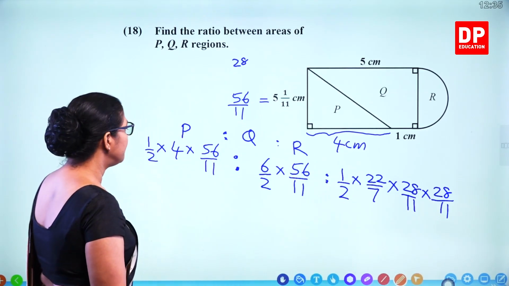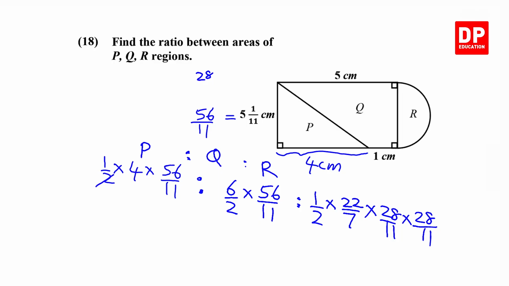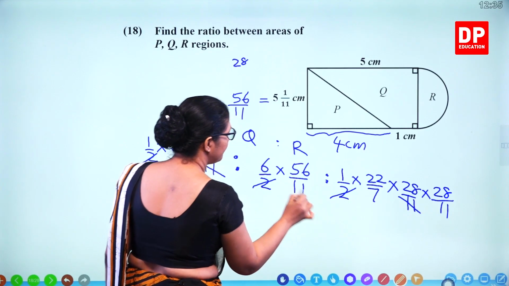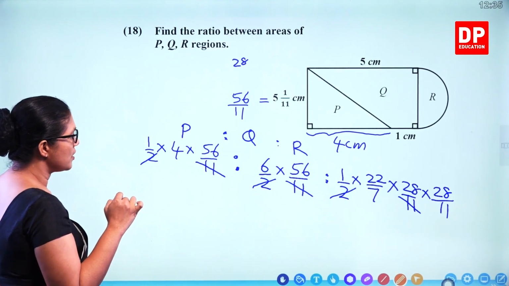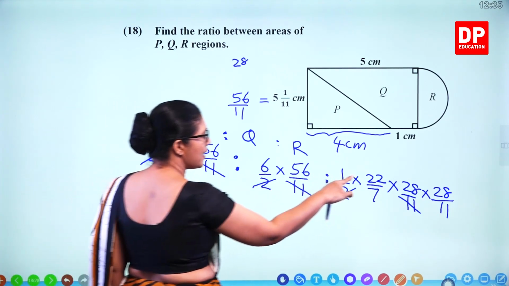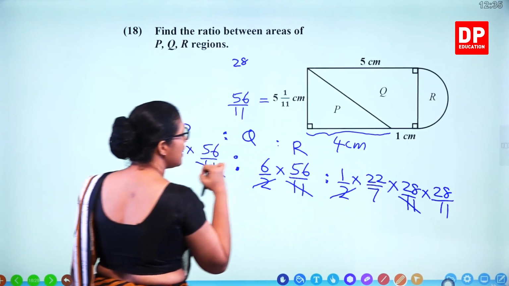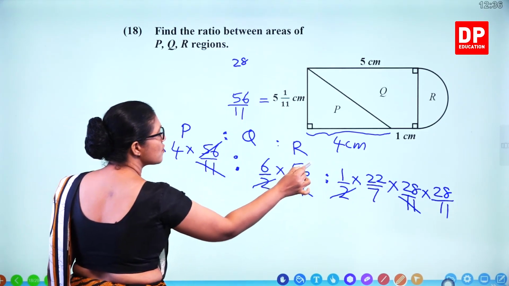Now simplify. These all 2's get cancelled out. 11's get cancelled out. Then what else? 56. So if we can find 2 from here, 2 times 28, 56. So this becomes 11. So we'll cross out 56 also.